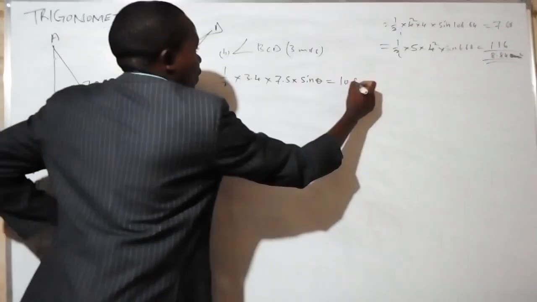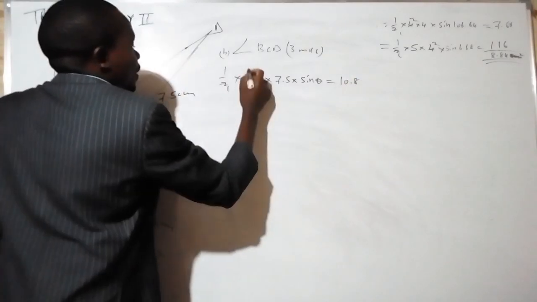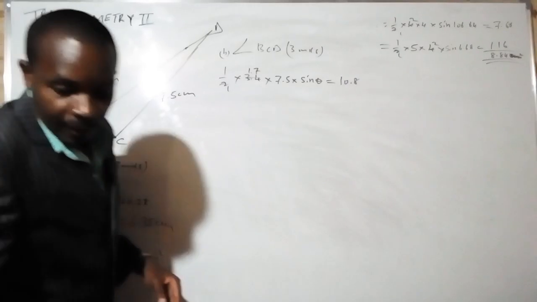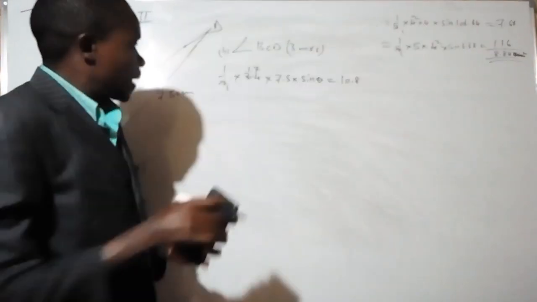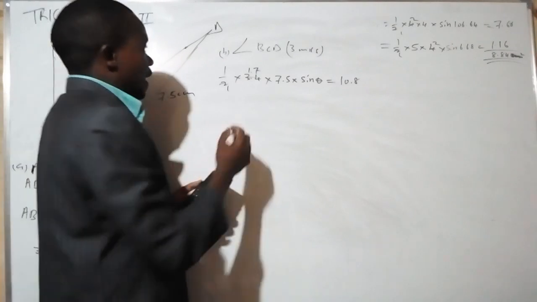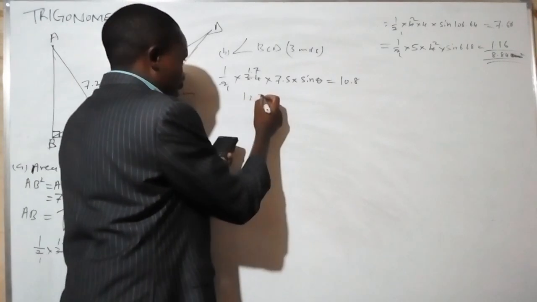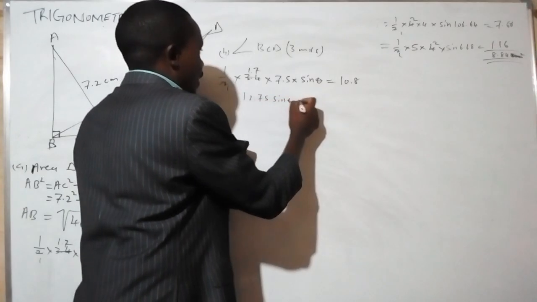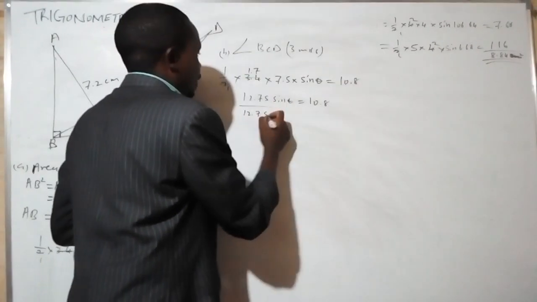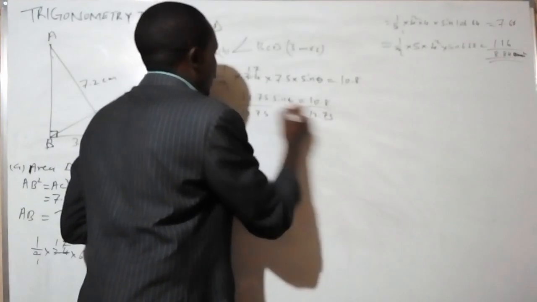Half of 3.4 is 1.7, and 1.7 times 7.5 gives 12.75. So 12.75 sine theta is equal to 10.8, and sine theta is 10.8 divided by 12.75, which is 0.847.